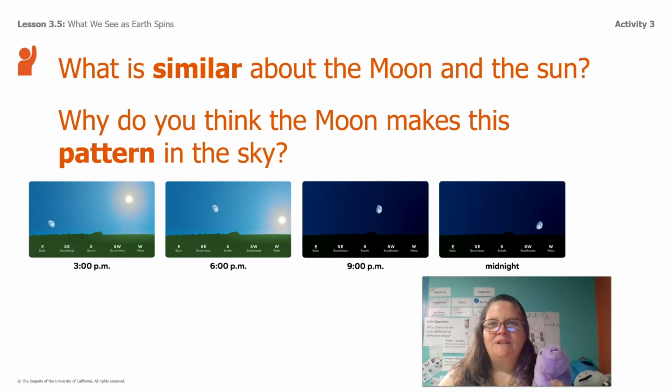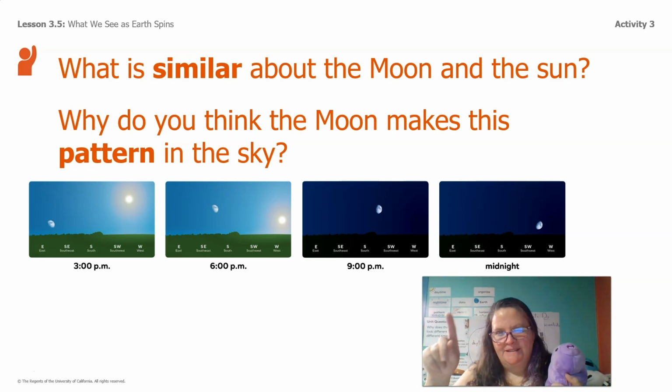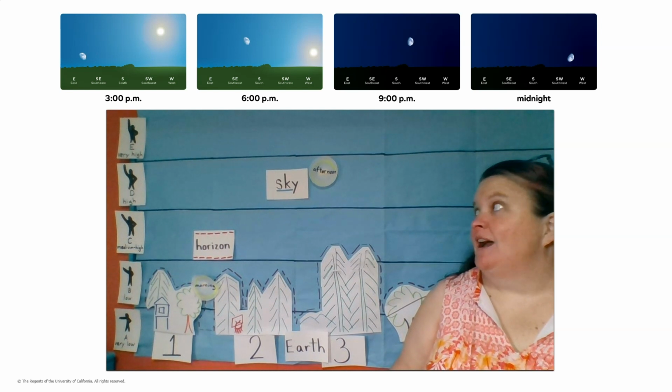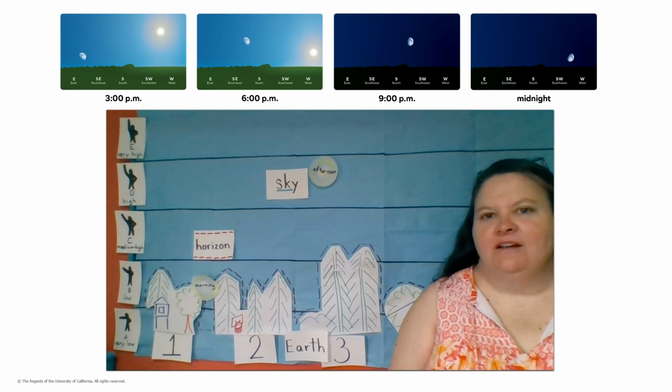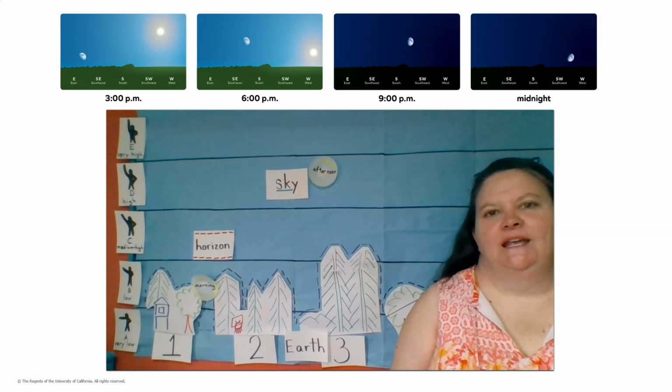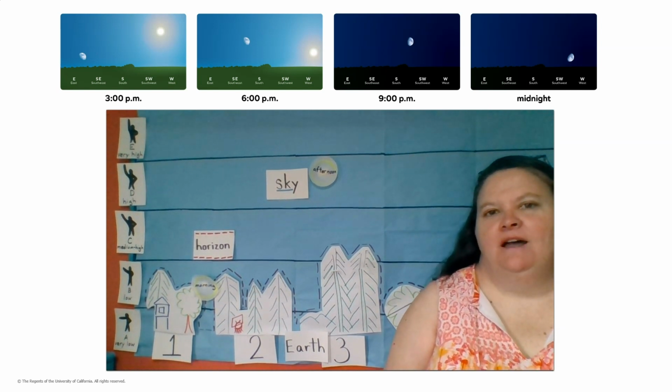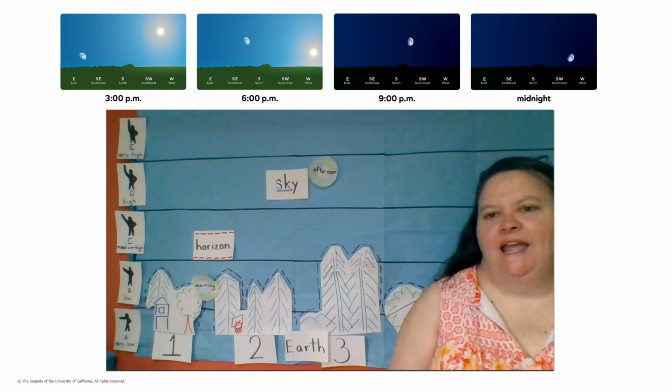Did you guys notice that there might be something similar between the moon and the sun? What is similar about the moon and the sun? Why do you think the moon makes this pattern in the sky? I moved over here to our sky mural again because I think our sky mural might help us answer the question of what we notice about the patterns of the sun and the moon.